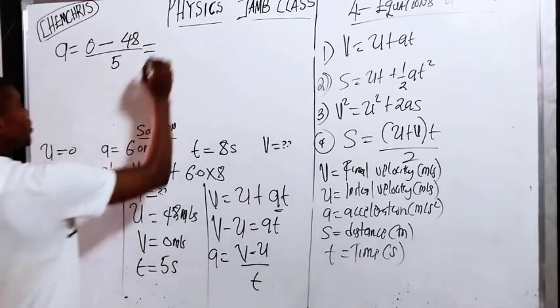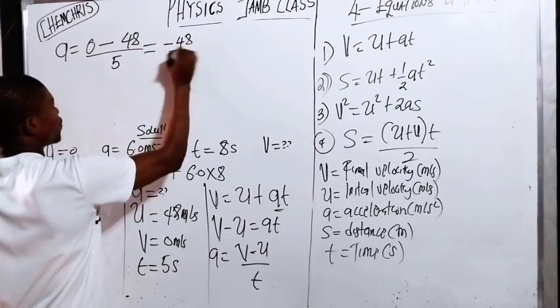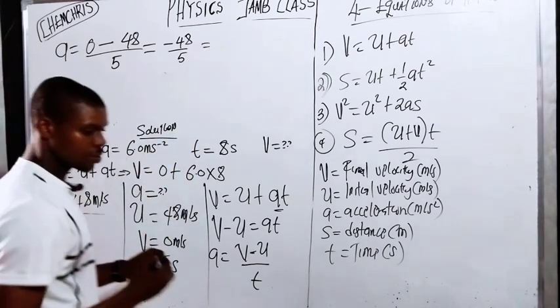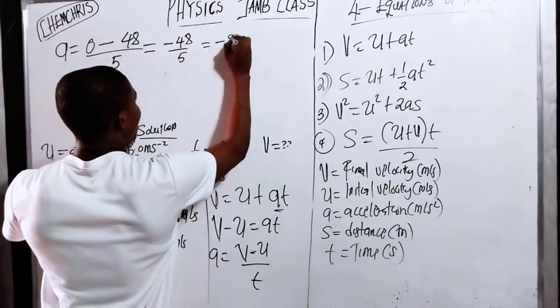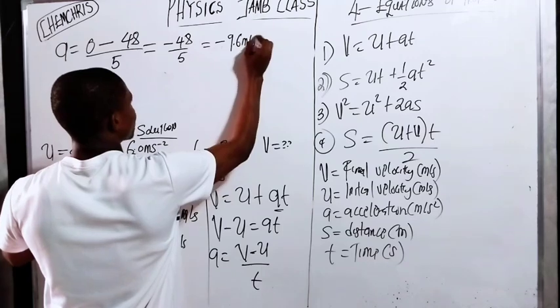So what will be the answer? Going to be minus 48 over 5 equals minus 9.6 meters per second square.